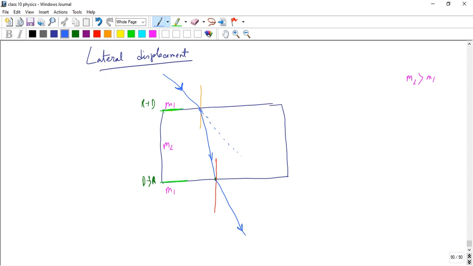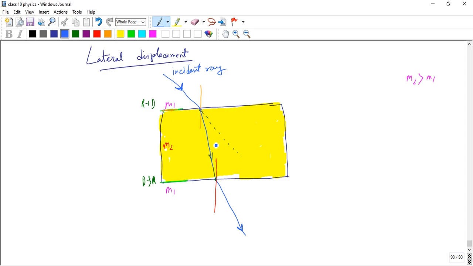Okay. So if that is considered a glass slab, that is the incident ray.